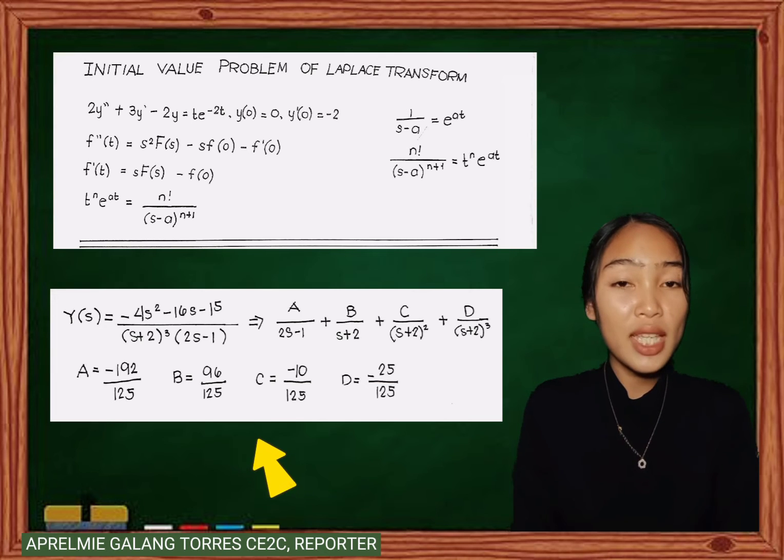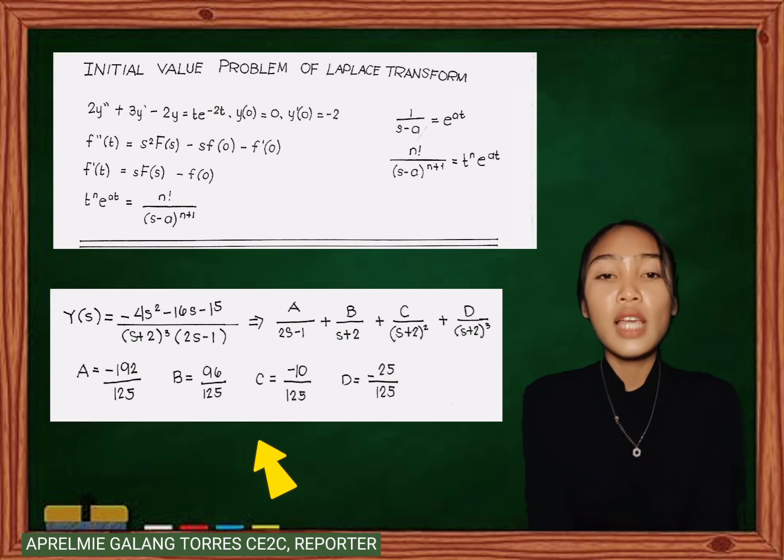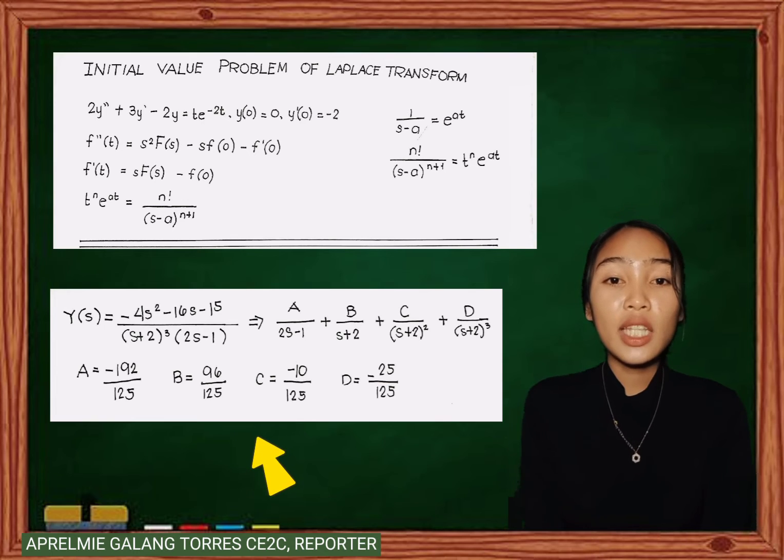We'll find that B is equal to 96/125. C is equal to -2/25.